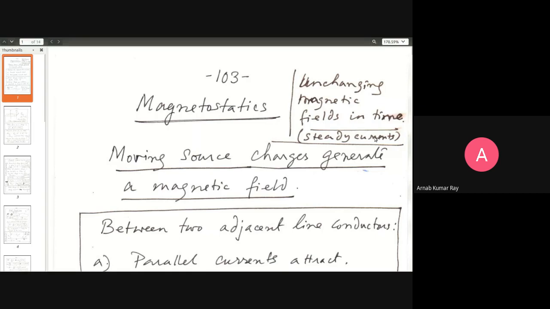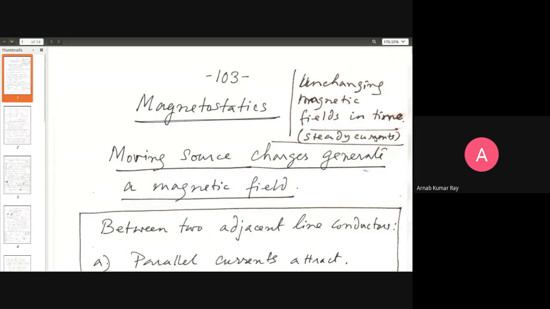So you have got a current that is a flow of charges, movement of charges. So how do you bring in the idea of unchanging, time-independent behavior when you have something moving?